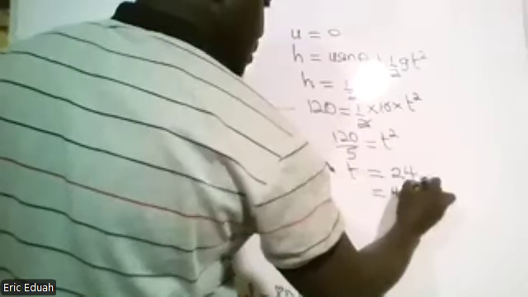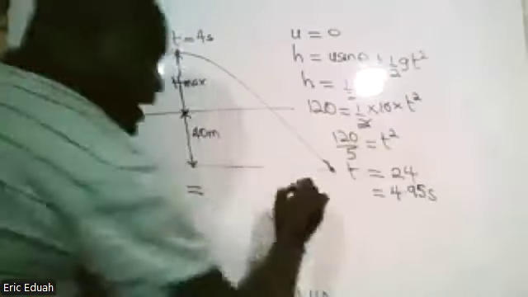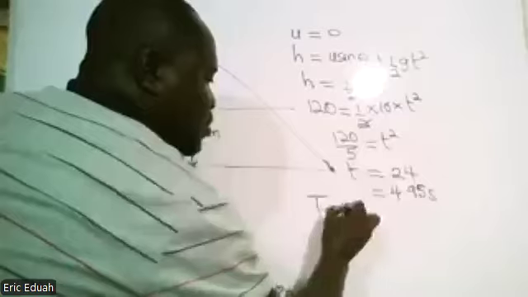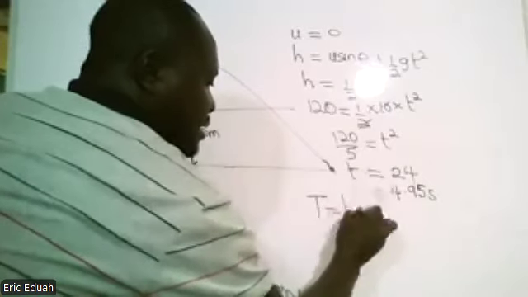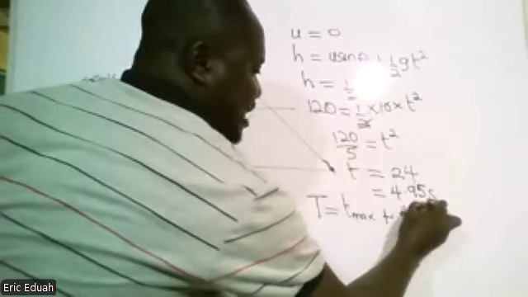Okay. Second. If the time taken to move from the maximum height to the ground is this, then the time of flight would be equal to the time taken to reach the maximum height plus this time, 4.95.